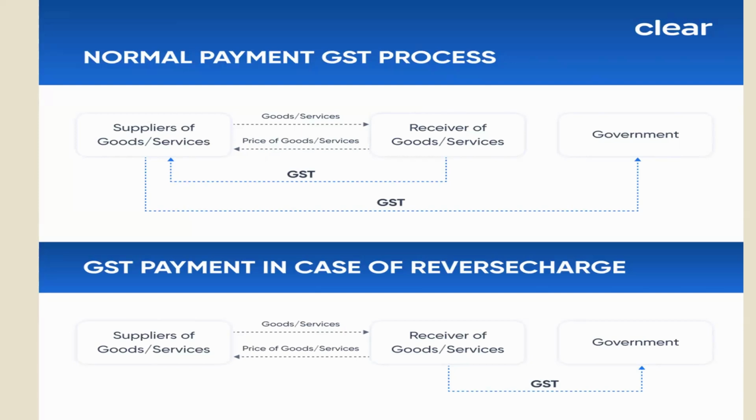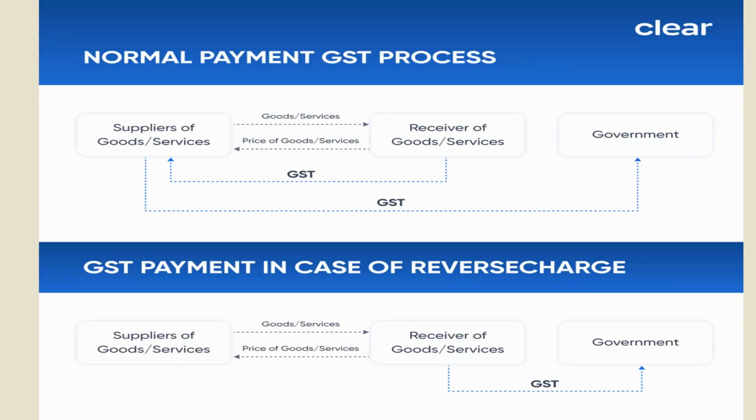Now, this is what is called the normal GST process, which applies to most goods. However, some goods and services are under reverse charge mechanism, in short called RCM. In RCM, the liability of paying the GST shifts from the supplier to the receiver, as you can see. The supplier on goods and services will only get the payment.